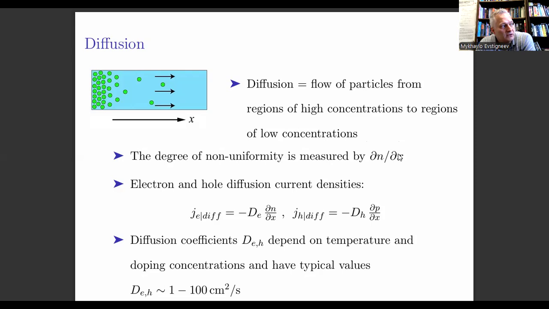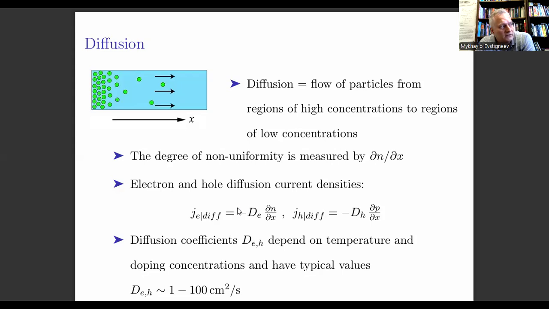In 3 dimensions, the gradient is a vector whose 3 components are the partial derivatives of the particle concentration with respect to x, y, and z coordinates. But here, for the sake of simplicity, let us focus on the one-dimensional case, and the gradient becomes just the derivative of the concentration with respect to a particular spatial coordinate x. Then the particle current density is directed against the gradient.